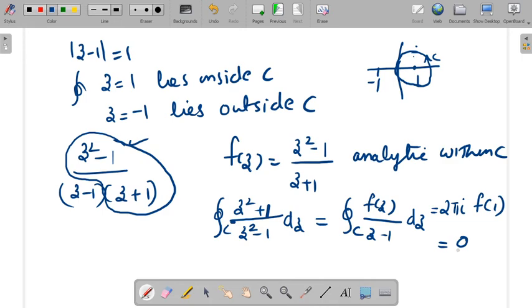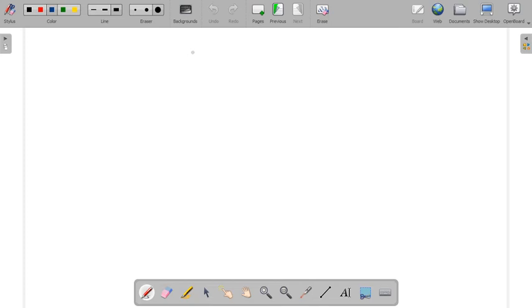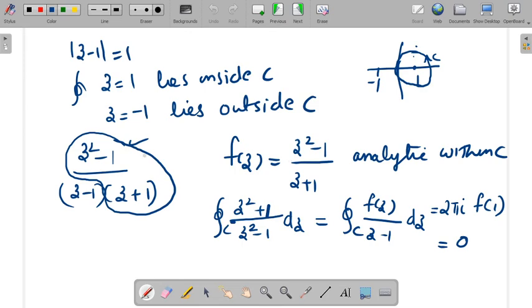Now, when you come to the third case, that is the integral over C of z square plus 1, this should be z square plus 1. f of z is z square plus 1. അപ്പോൾ f of 1 എഴുതുമ്പോൾ 2 pi I into f of 1. 1 എഴുതുമ്പോൾ 1 plus 1 divided by 1 plus 1, which is equal to 1. We get this is 2 pi I.